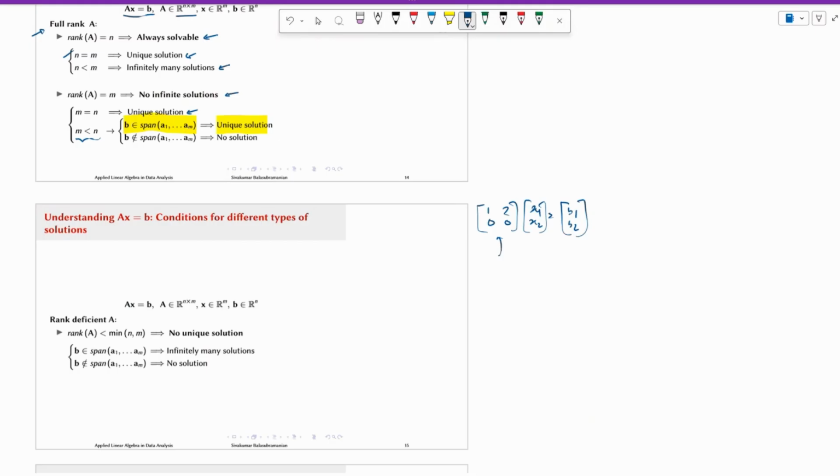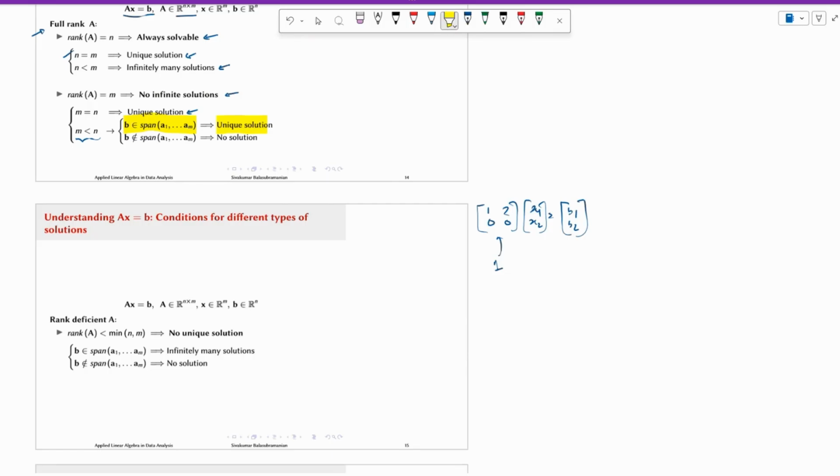The rank of a matrix is essentially the maximum number of columns you can take from the matrix so that you form a linearly independent set. Here the rank is 1, which is less than 2, the number of rows and columns. So this is a rank deficient matrix.